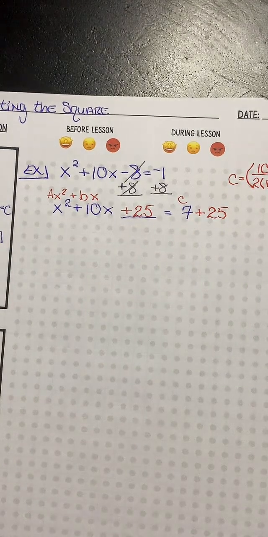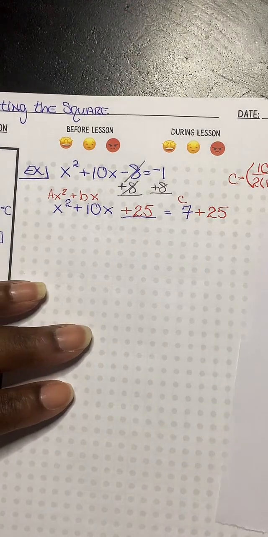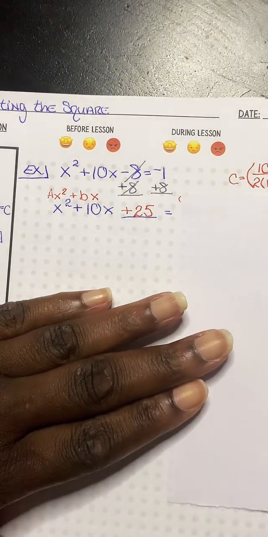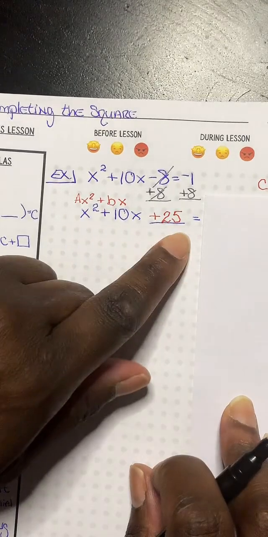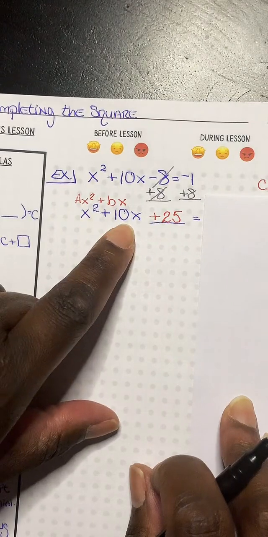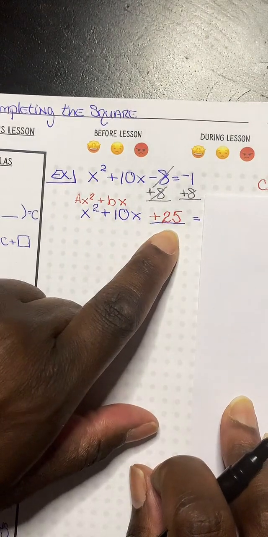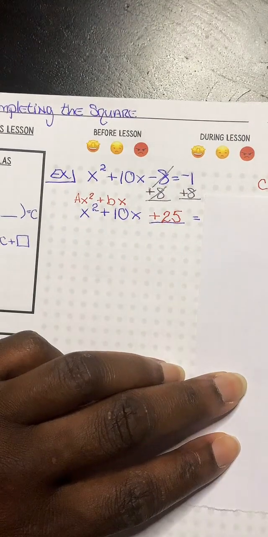So now, just for a moment, I'm going to ignore this right-hand side. On the left-hand side, we have x squared plus 10x plus 25. Now we can factor this.